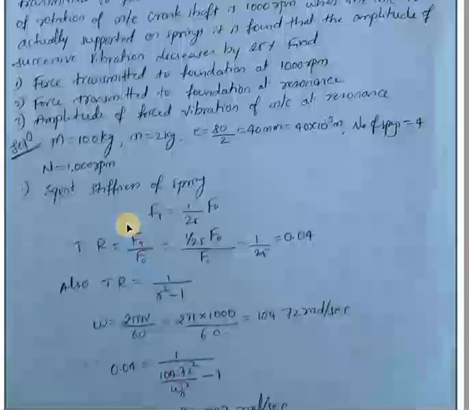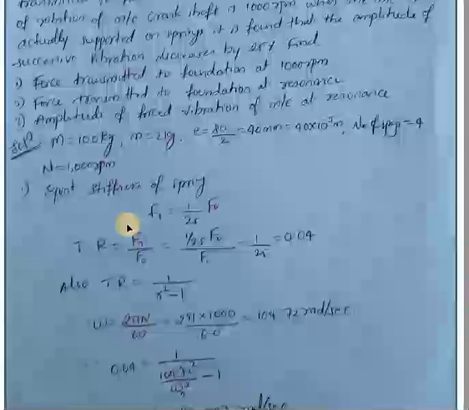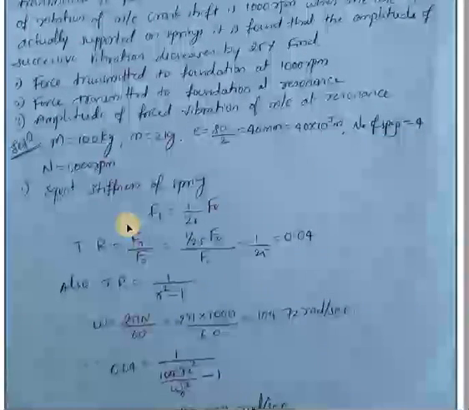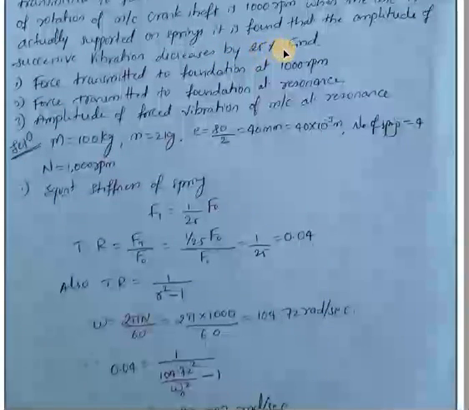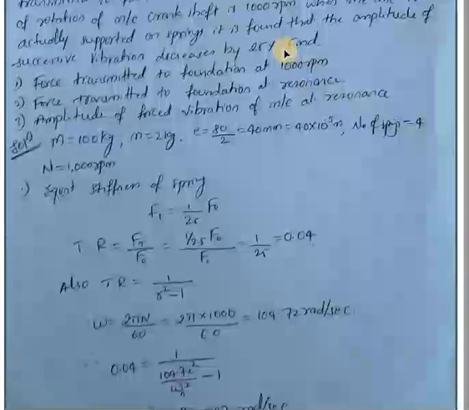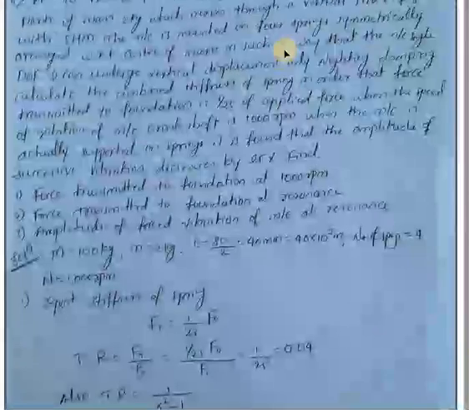So in all the equations you have omega n, but with the help of given data, which formula is suitable, that you have to decide. So here what he has given in this statement is that the amplitude of successive vibration decreases by 25%.